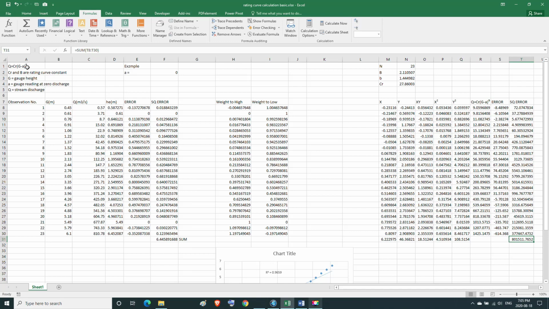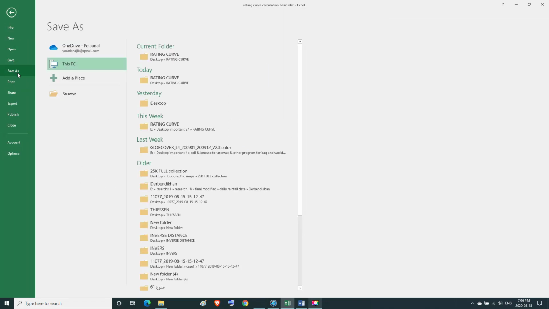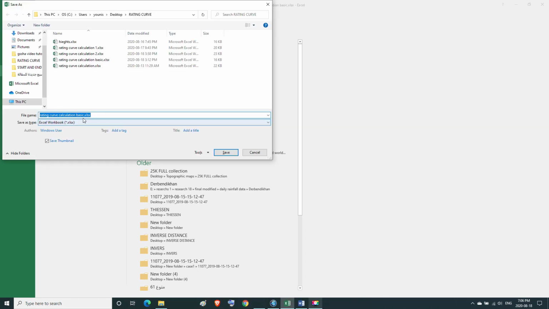And to do so, we first save the calculations in the Excel file with the title Rating Curve Calculation Final, as we see.